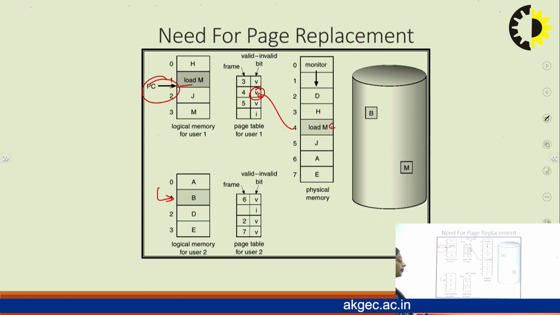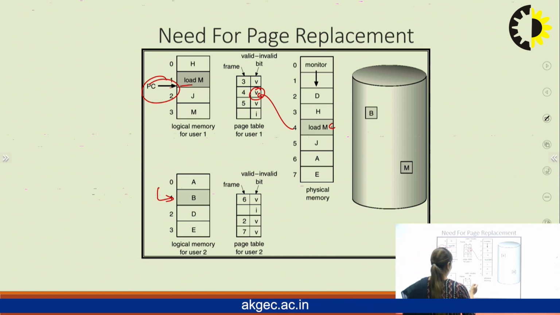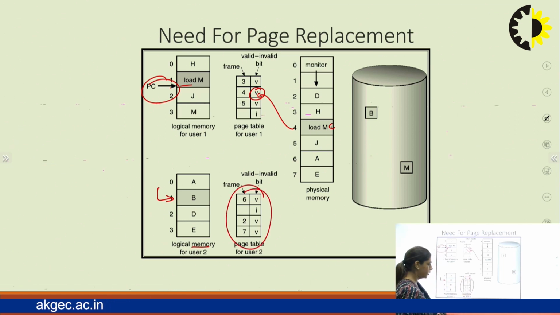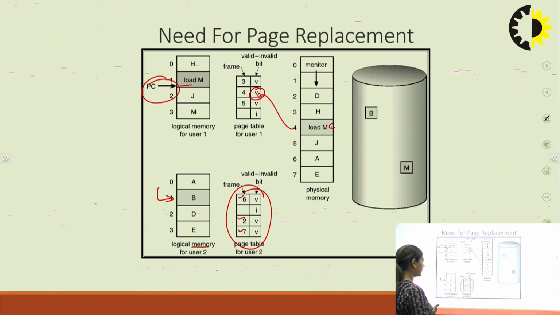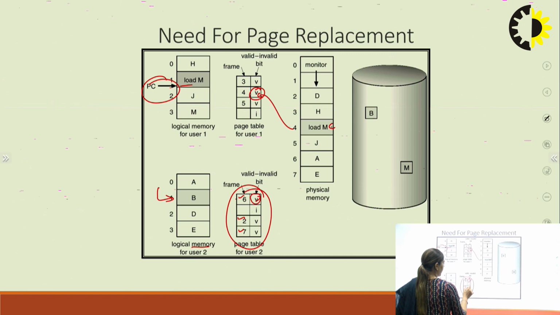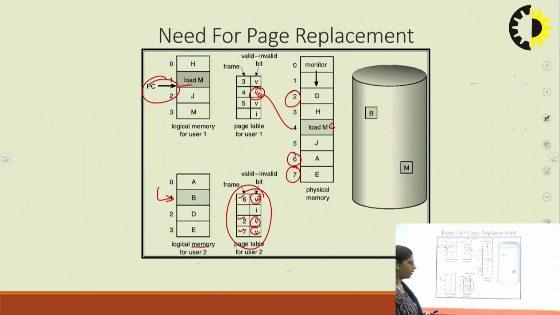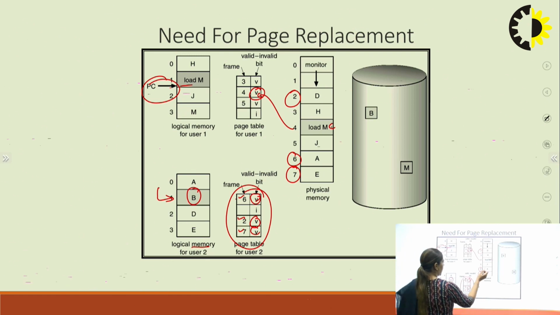That means we have to bring B from the backing store. But B is not there. Only pages 6, 2 and 7 have frames with a valid bit. That means 6, 2 and 7 are in the memory. But the process desires B, and B is not there. So B has to be brought from here to some place in the physical memory.